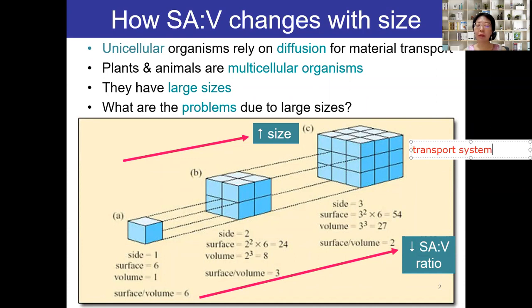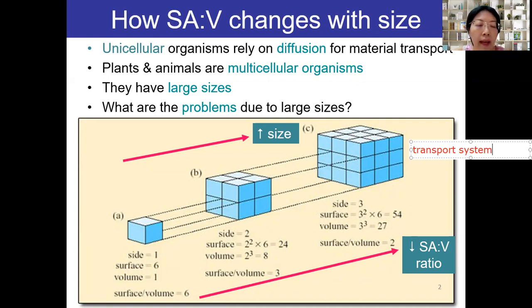So we use transport system and we use lungs, right? We use lungs to increase surface area so that we can take up oxygen and remove CO2 quickly. So you've got special organs and system to help us with this problem. Whereas other organisms, they may not have this transport system and a lung system as well as us, because they are able to obtain whatever they need directly through diffusion because the sizes are small.